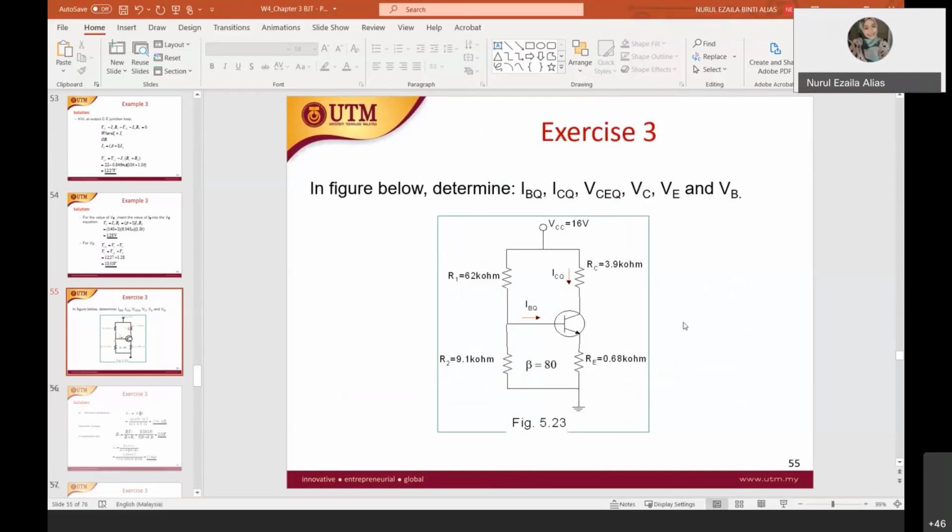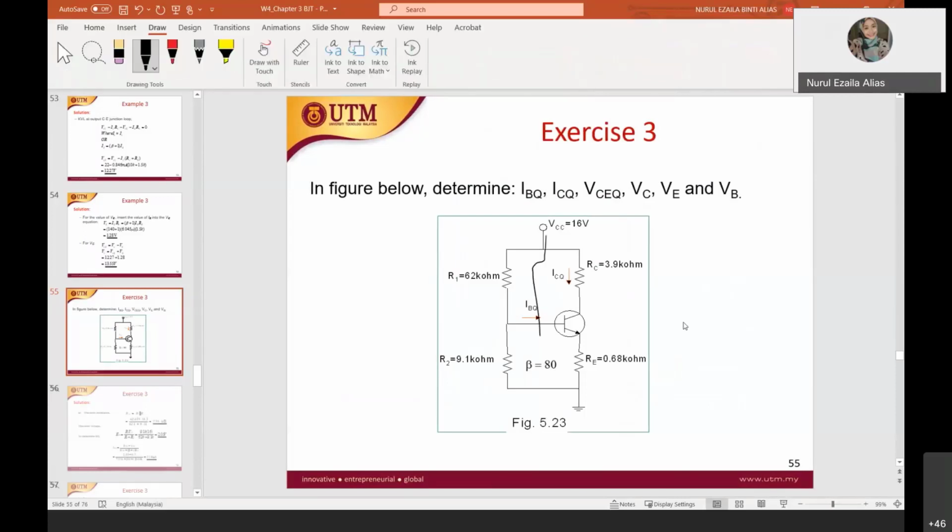Okay. So for the Thevenin, you solve this part, from here to here. So you resolve this to here, the Thevenin.